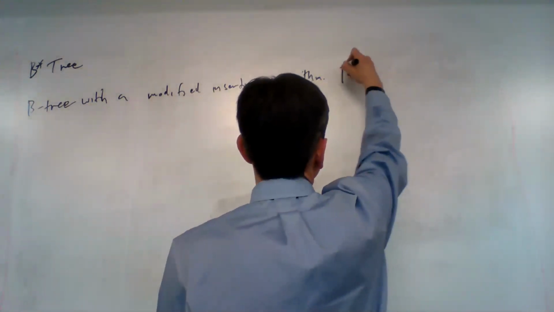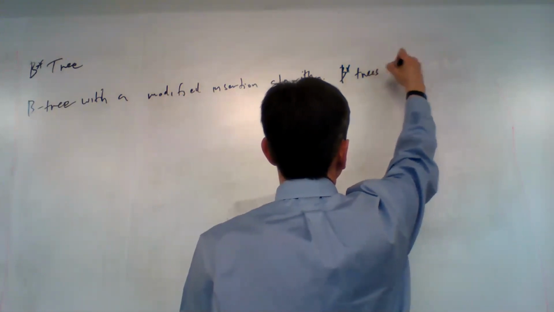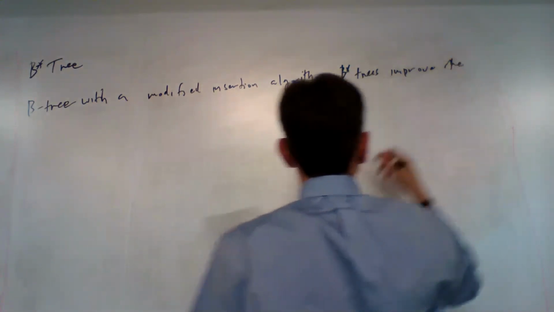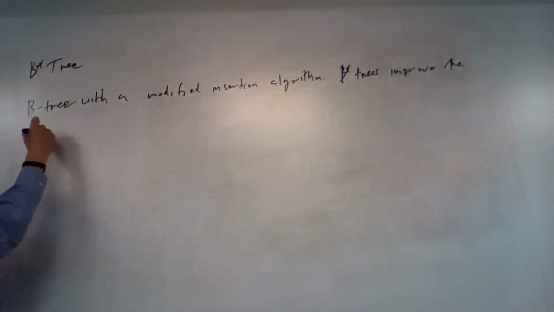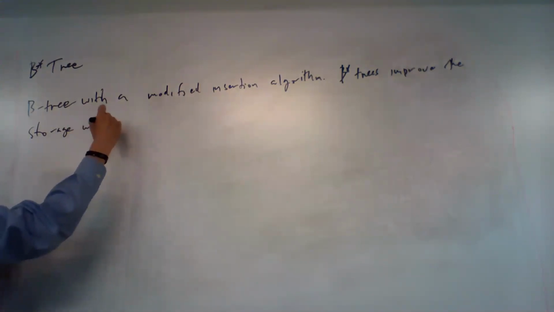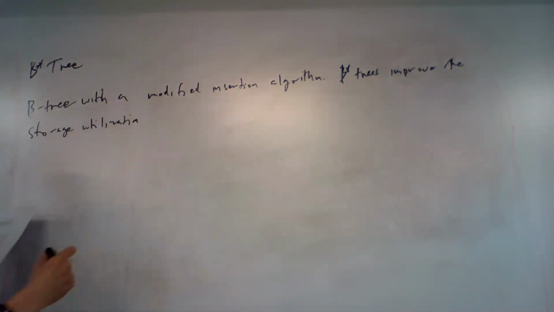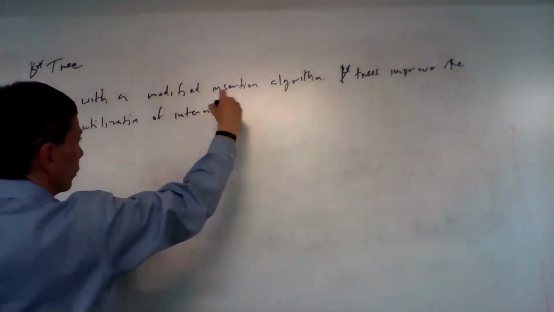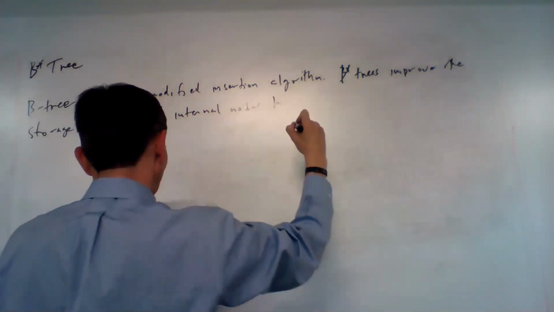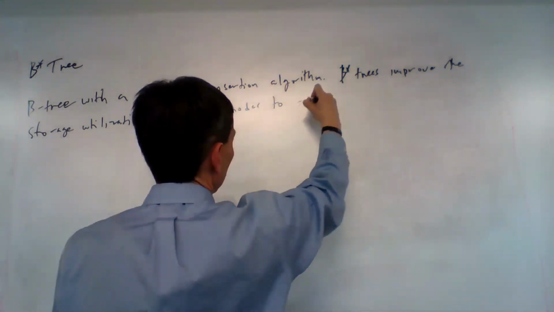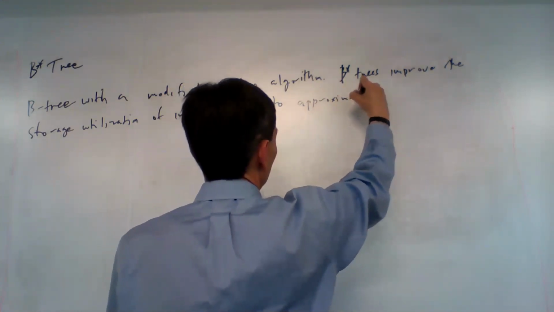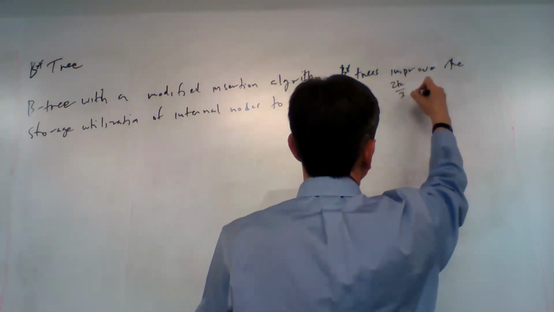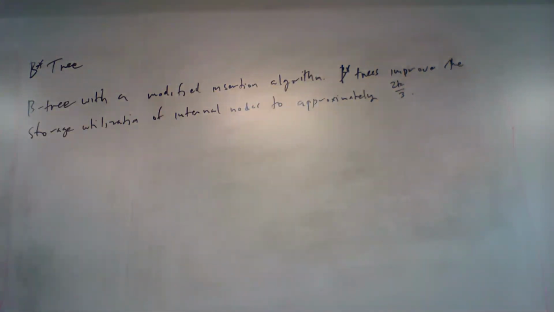B star trees improve the storage utilization of internal nodes to approximately 2K/3. So we go from 50% to approximately 67%.